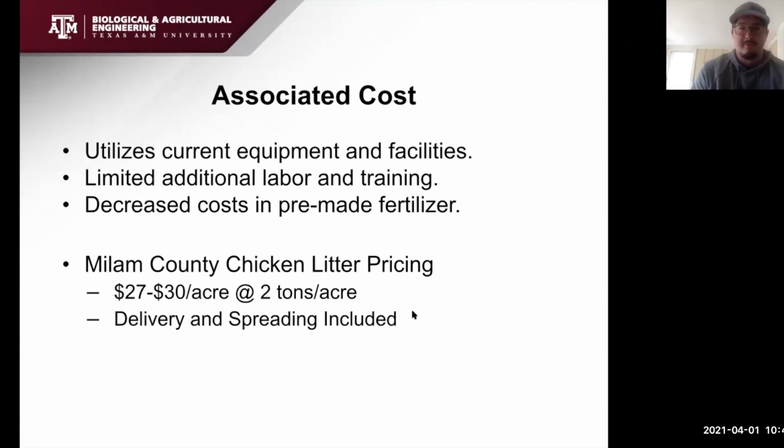I don't mean to keep jumping on all the questions, but if someone can add on this one also. From my personal experience, the chicken litter has added a lot of higher yields per acre on our cropland. I'm not growing grapes, obviously, so we need to reach out a little bit more and see how that affects the grapes.